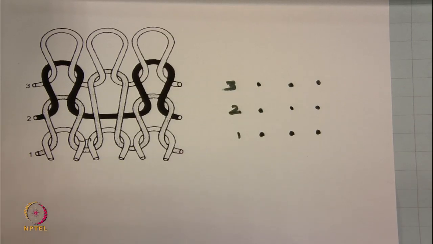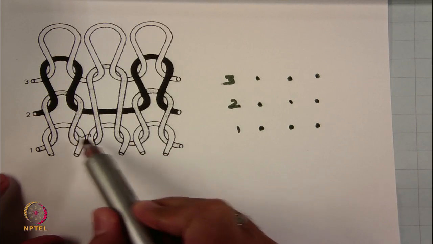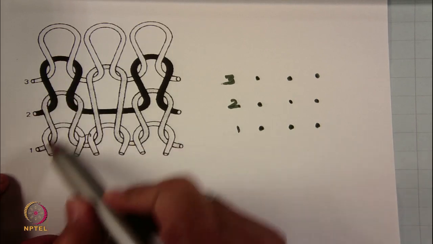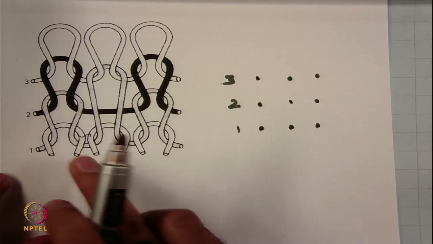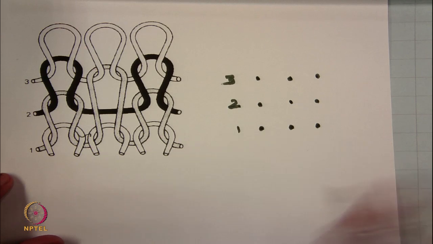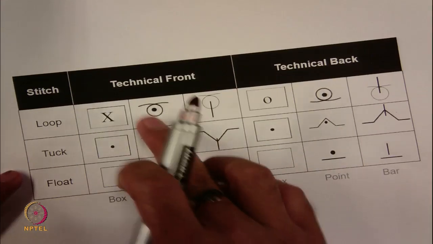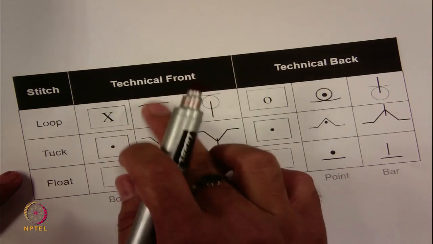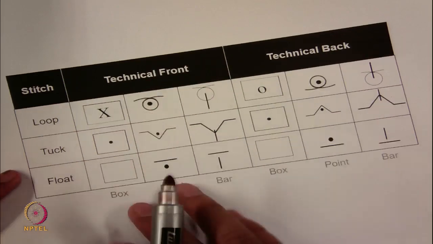Now, if you see the first needle, it is making this loop on the technical front side. So, how do you represent technical front on this particular needle? If you carefully see the symbol, this is how you represent technical front loops.